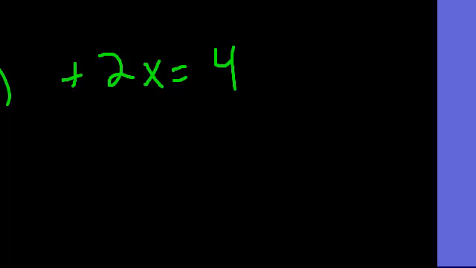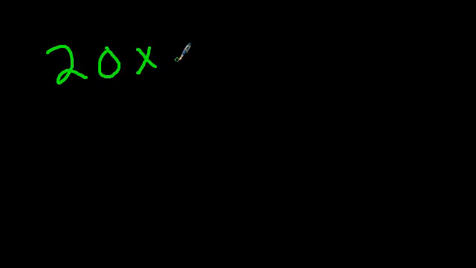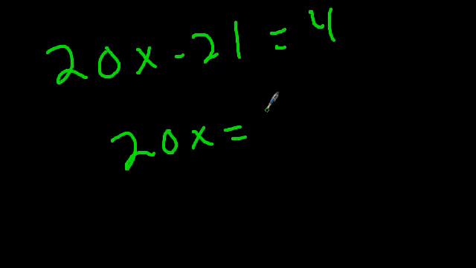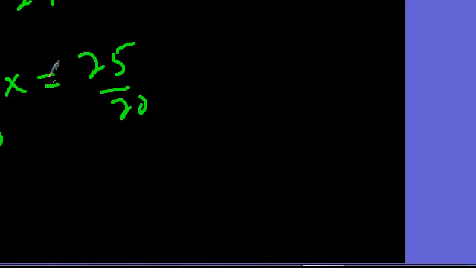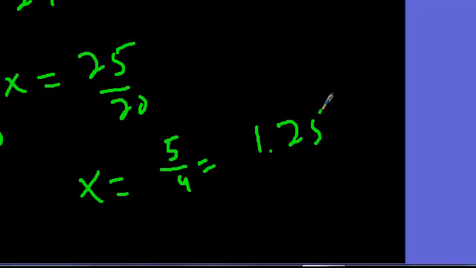Distribute 18x minus 21 plus 2x equals 4. Combine like terms. 20x minus 21 equals 4. Move 21 over. 20x equals 25. Let's divide by 20 here. X equals, let's see, 5 over 4, which is 1.25.